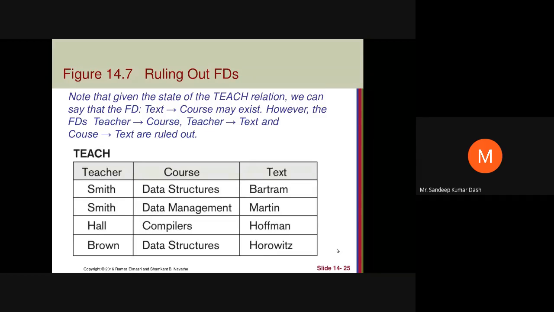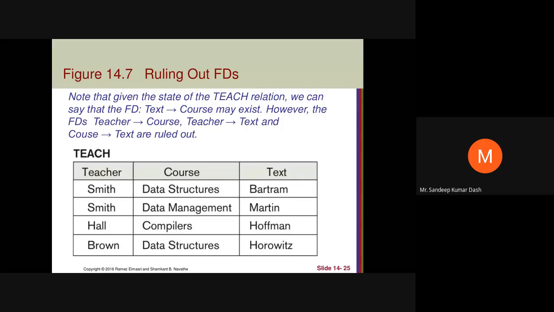At the point of time when I am inserting a row which is against the functional dependency between text and course, it will simply vanish. It will not exist. Suppose I am inserting Bartram, then data structures. Then I can say that yes, it still may exist, because here Bartram is there, here data structures is there, which is equal to this and this. But suppose I am inserting Bartram and compilers, then again it will be invalid.